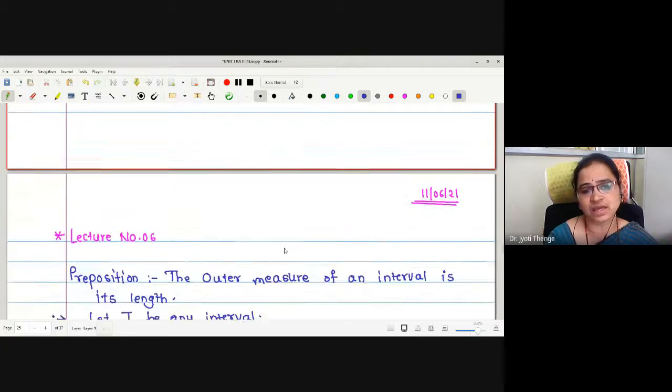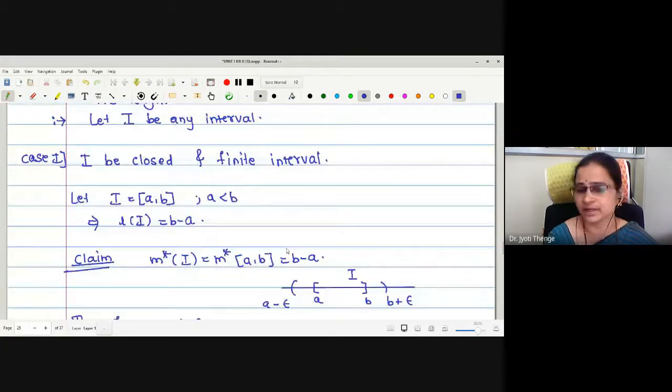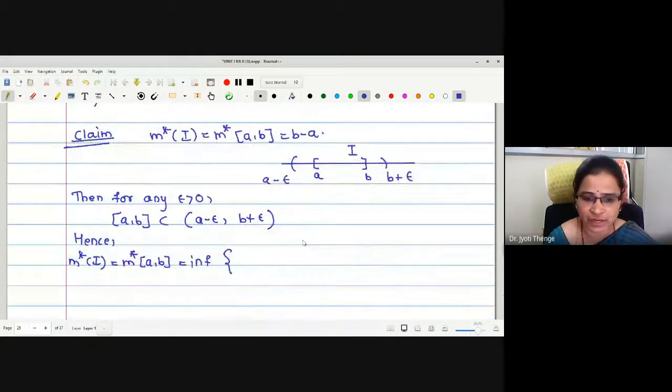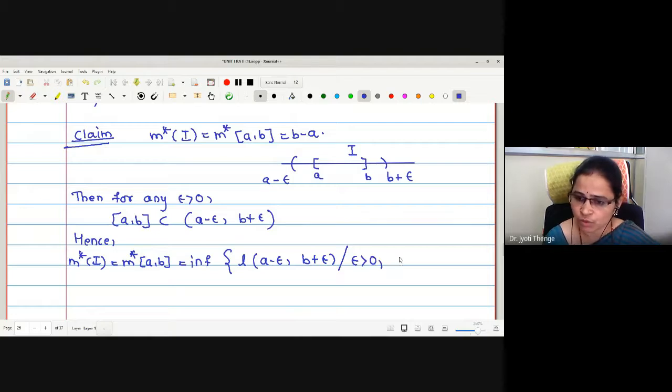But in this case I am taking the covering to be a single interval. Therefore, the infimum is of the length only, the length of the respective interval (a minus epsilon, b plus epsilon), for epsilon greater than 0, where the closed interval [a, b] is contained in (a minus epsilon, b plus epsilon).